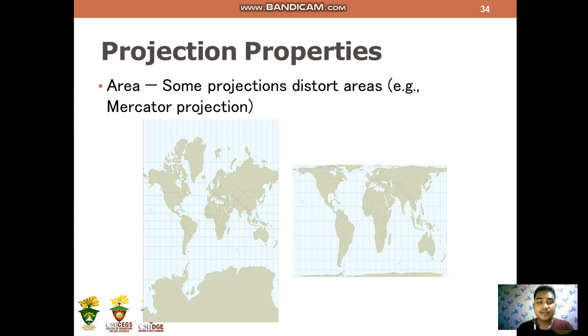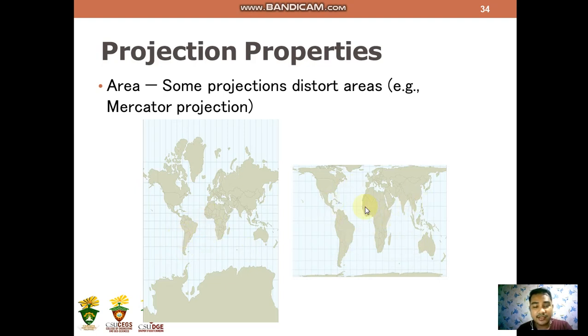Alright, so here is an example of some projections that distort areas. Example is the Mercator projection. As you can see, tanaw na dili jud siya mao ang dagway sa isa ka area. For example, kani this is another projection and kani another projection.